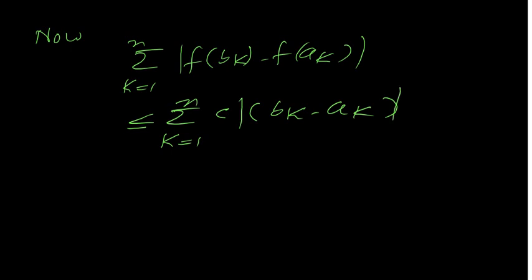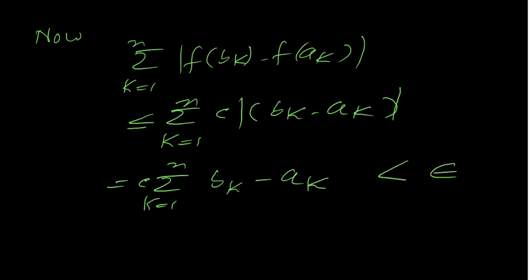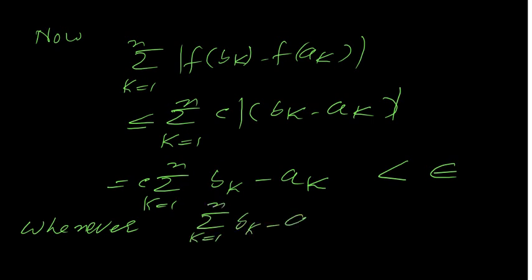This is equal to C times summation k runs from 1 to n of bk minus ak, because bk is greater than ak, and this is less than epsilon whenever summation of bk minus ak is less than epsilon by C. That's called delta. So this variation is less than epsilon whenever the sum of the lengths of these intervals is less than delta, where delta is equal to epsilon by C.